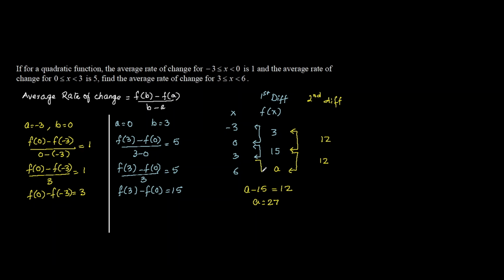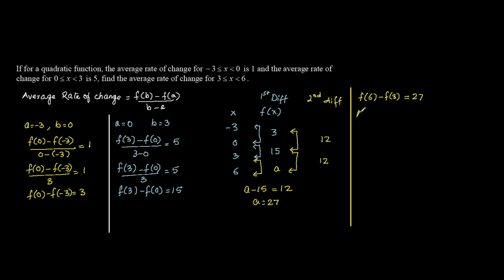That means the difference between this and this value must be 27. And so f(6) minus f(3) should be equal to 27.